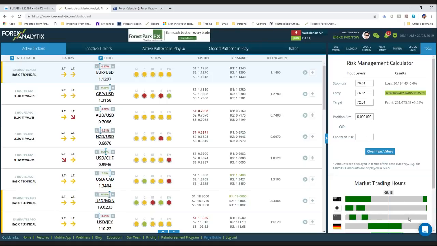Now, what that shows you right here is your risk reward, and my risk reward for the trade is 8.35 to 1. Just so you know, this may be my position size currently, but I work in and out of a position. So I do these calculations throughout the course of a trade.